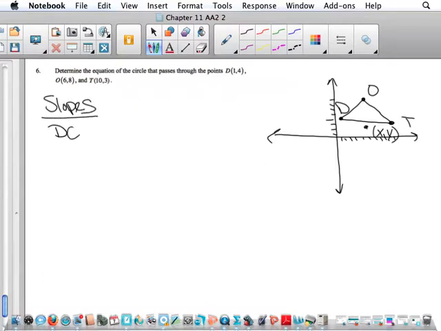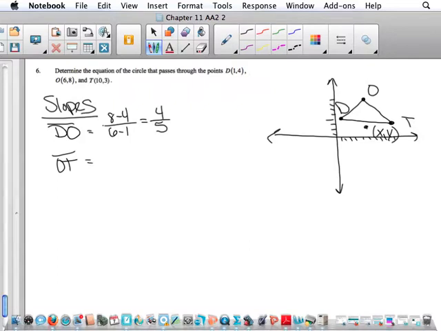I'll look at the slope of DO and the slope of OT. So DO is 8 minus 4 over 6 minus 1, so I get the slope of this is 4/5. Then I'm going to look at the slope of OT.